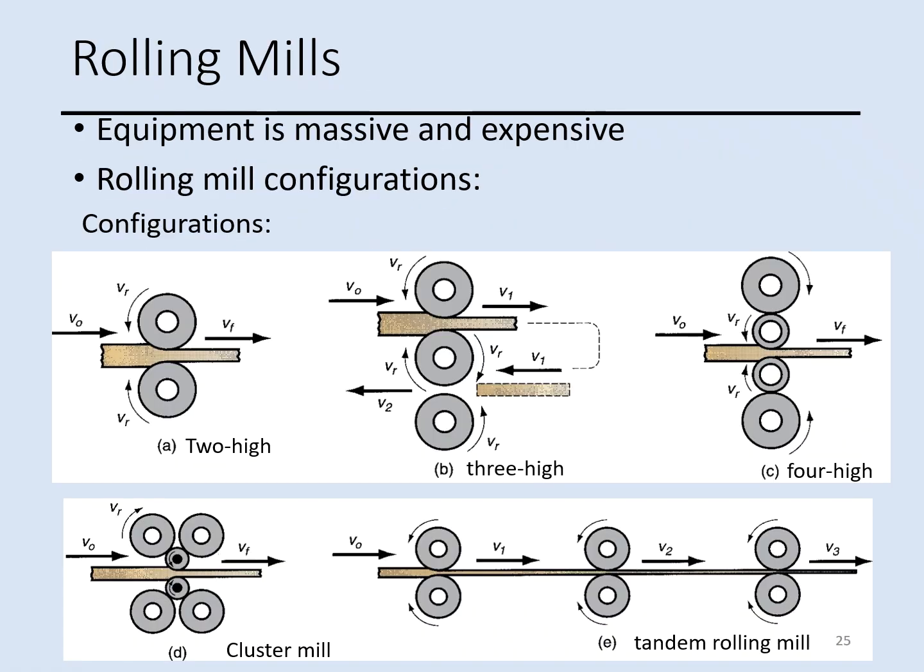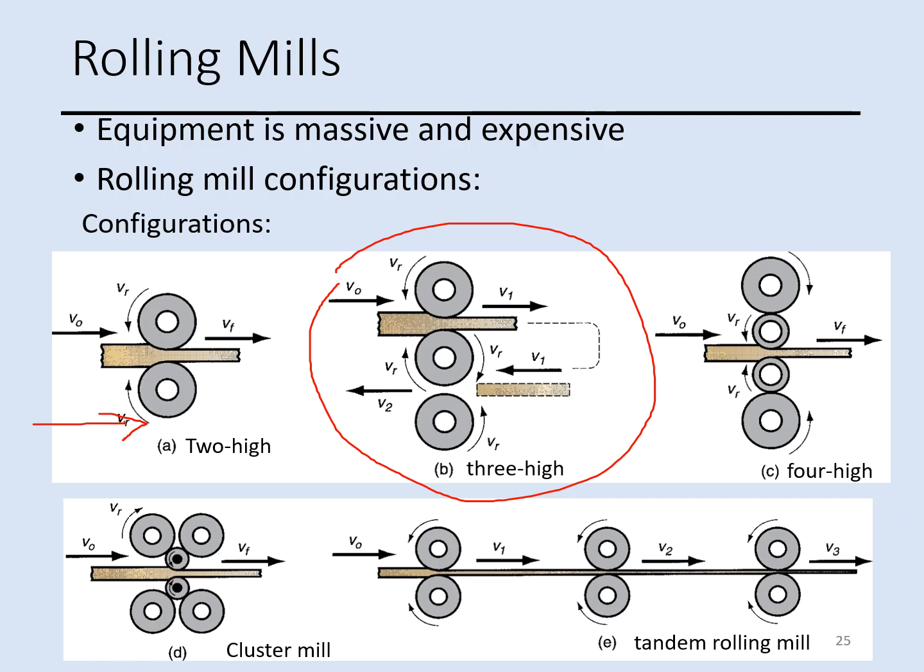Most rolling processes are very capital intensive and they require massive pieces of equipment, and it's called rolling mills. And they have various types. One is two high, where we have two rolls, or three high, which is this one.